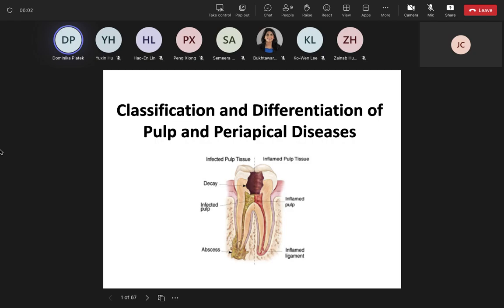But we also have some other causes. For example, mechanical trauma. This trauma can be connected with avulsion of the tooth during even sports, so it can also cause periapical diseases.